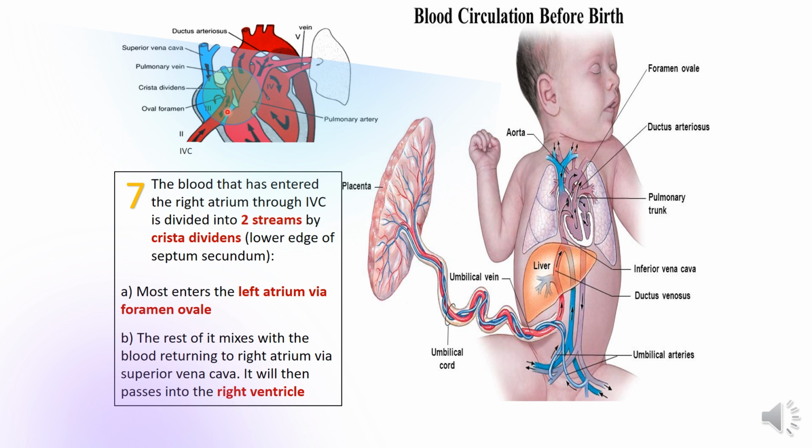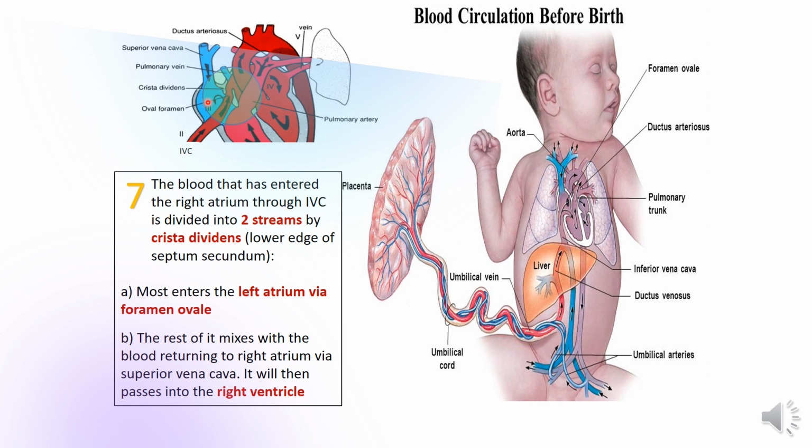How can they divide the blood that enters the right atrium into two flows? One is through the foramen ovale flowing into the left atrium, and some of it will enter the right ventricle, by the presence of the crista dividens dividing the stream into two.